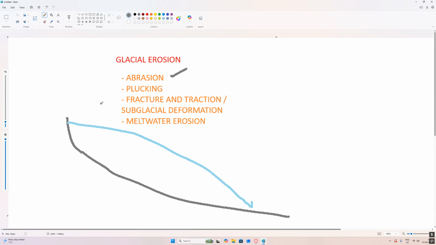Plucking occurs on back walls of glaciers when the glacier is receiving precipitation from a cloud here. It's building up here, and it's beginning to move faster as it moves downhill because of gravity. As the glacier moves out of its position, bits of rock are plucked off.